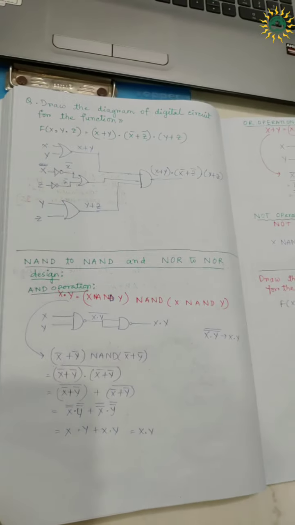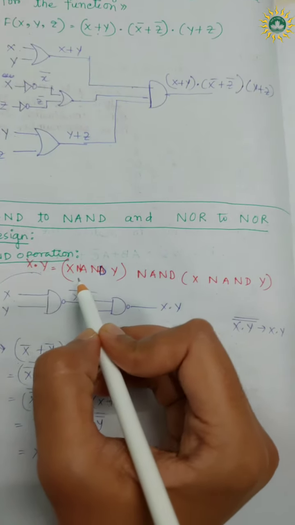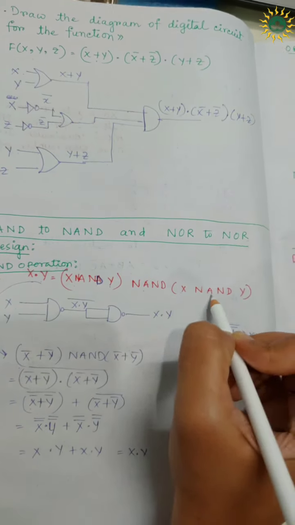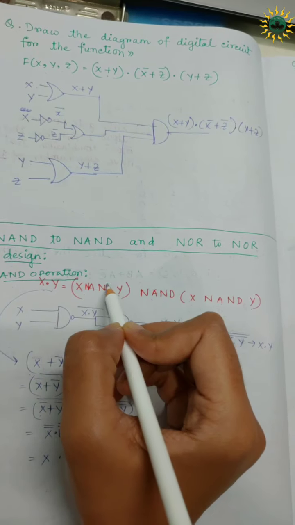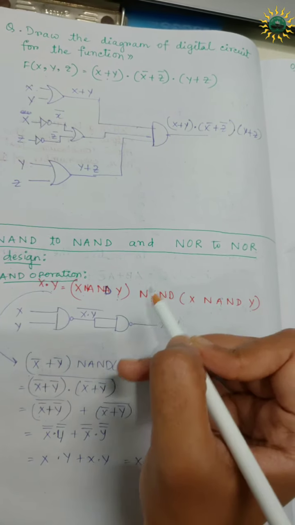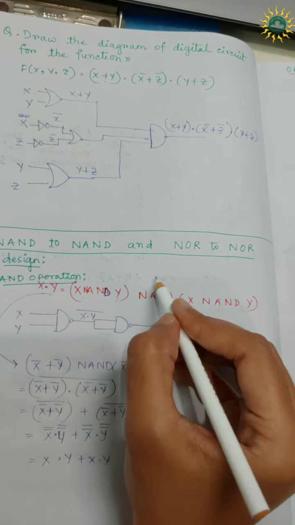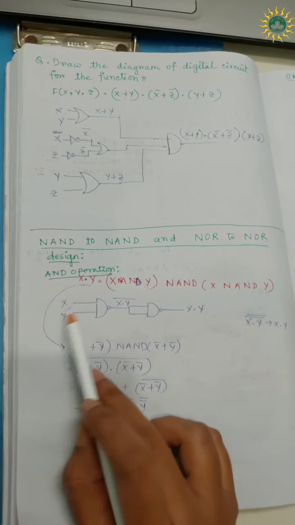Okay, first let's understand the AND gate concept. In x dot y, we can express this like this: x NAND y, and then NAND it twice.